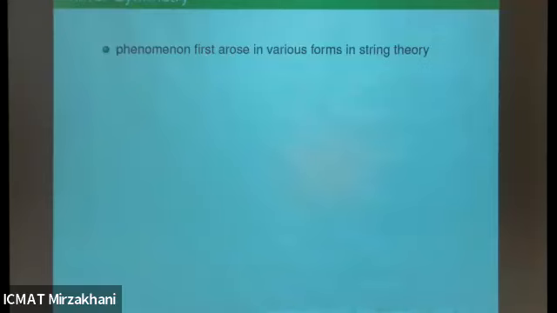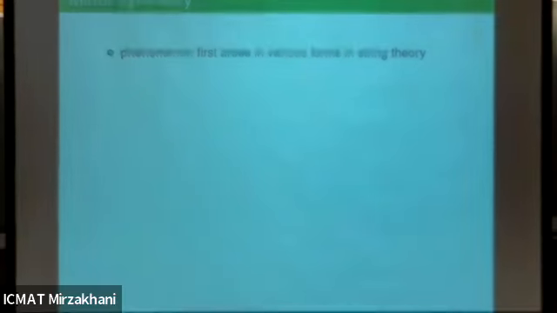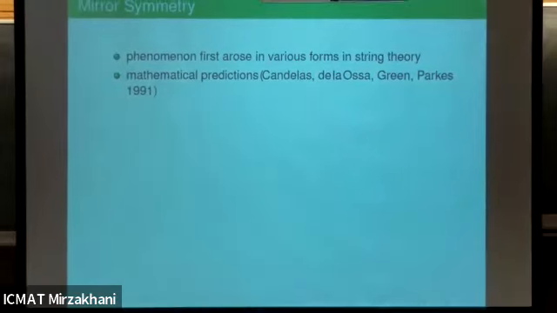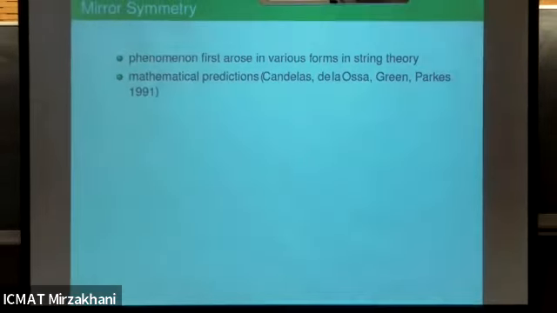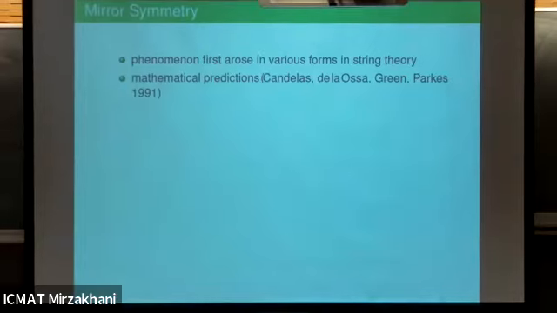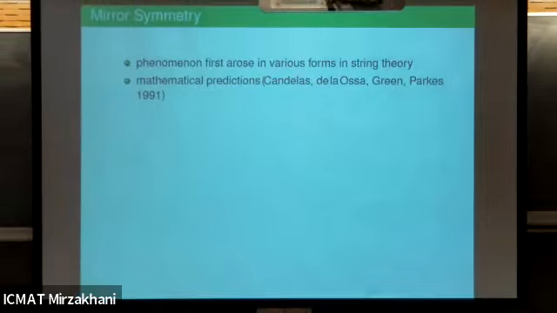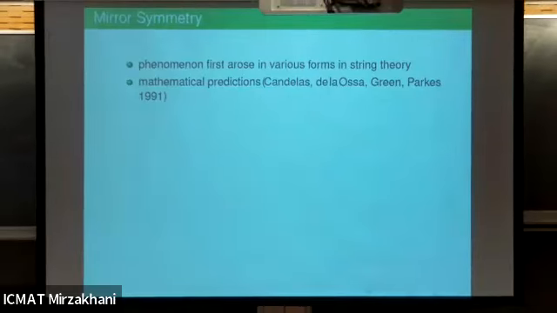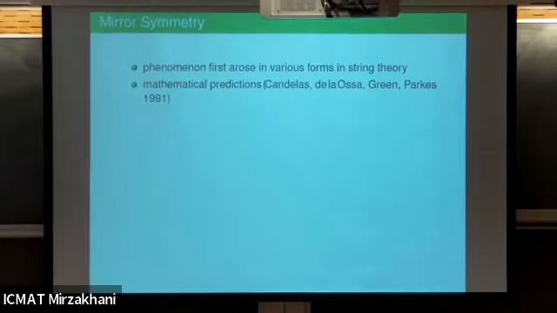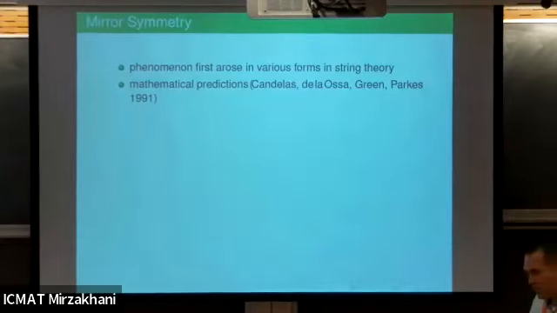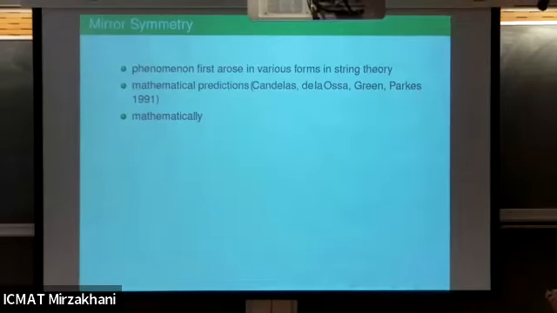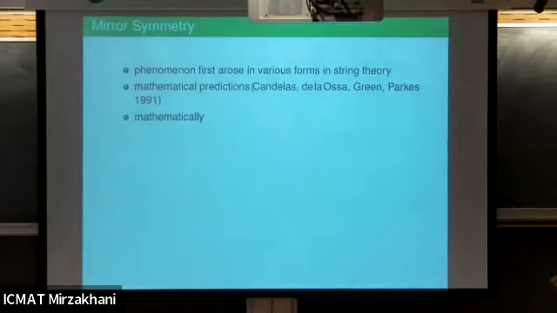Of course, it comes from physics, from string theory, and it really hit mathematical interest with the work of Candelas, de la Ossa, Green, and Parkes in 1991, where they made some incredible predictions in enumerative geometry using these convoluted ideas of mirror symmetry. And of course, all of you have seen it.